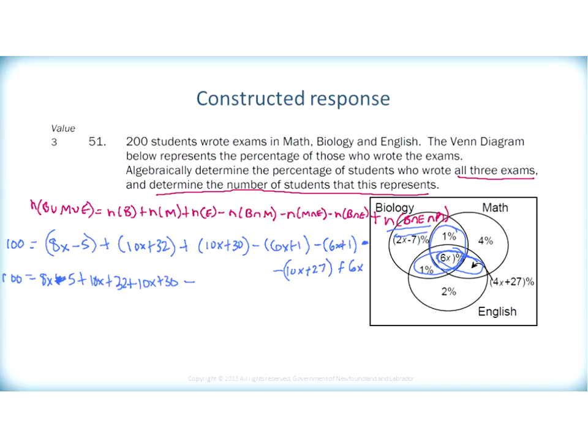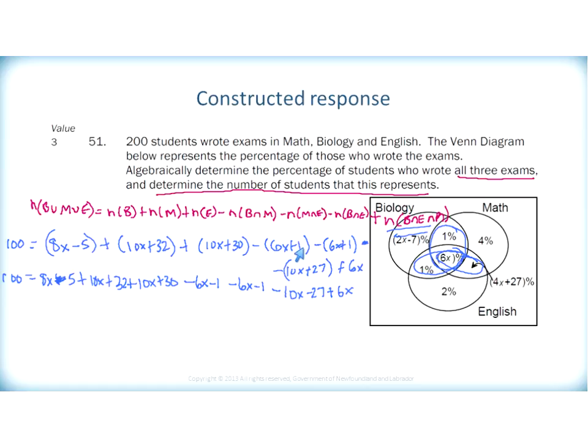Here it is, subtract 6x, subtract 1. Subtract 6x, subtract 1 again here, distributive property. Subtract 10x, subtract 27, plus 6x. So be very careful here. You're subtracting everything inside the bracket, and therefore the negative 1 is distributed throughout all of it.